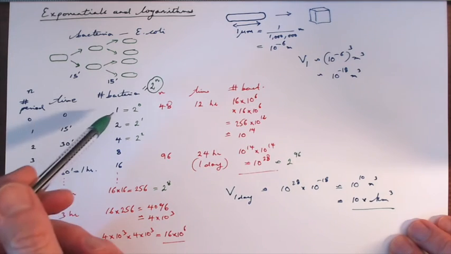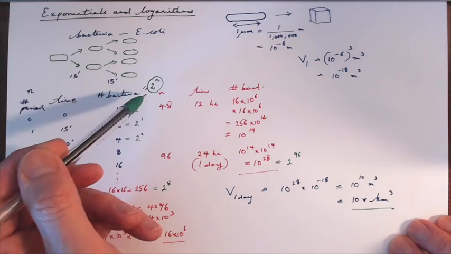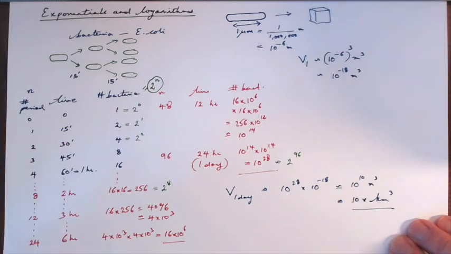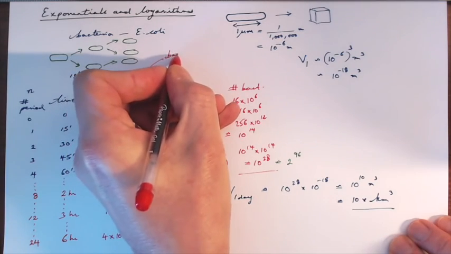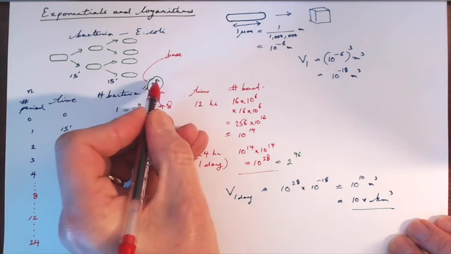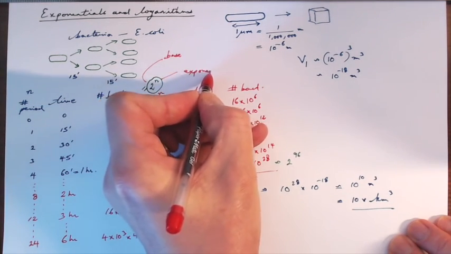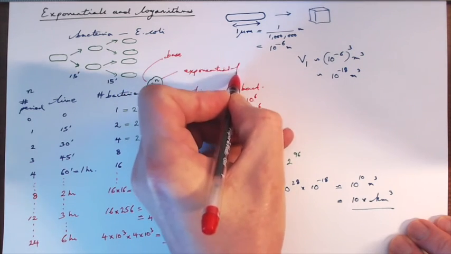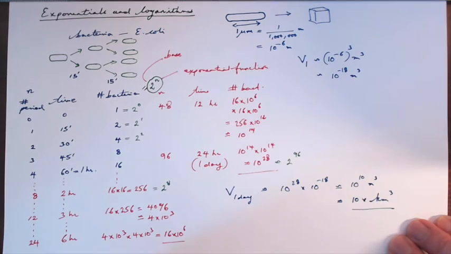You would go from 1 to 3 to 9 to 27 and so on, and you would have 3 to the power of n. So this number 2 here is what we would refer to as the base of the exponential, in this case equal to 2, and this formula 2 to the power of n we would call an exponential function. And what I've wanted to illustrate here is how extraordinarily rapid that exponential function is.